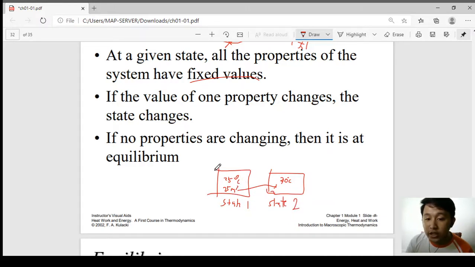So the overall state of a system also changes. If no properties are changing, then it is at equilibrium. So across time, if it is still 25 degrees and the volume is still 25 cubic meters, nothing has changed, so it is in an equilibrium state.